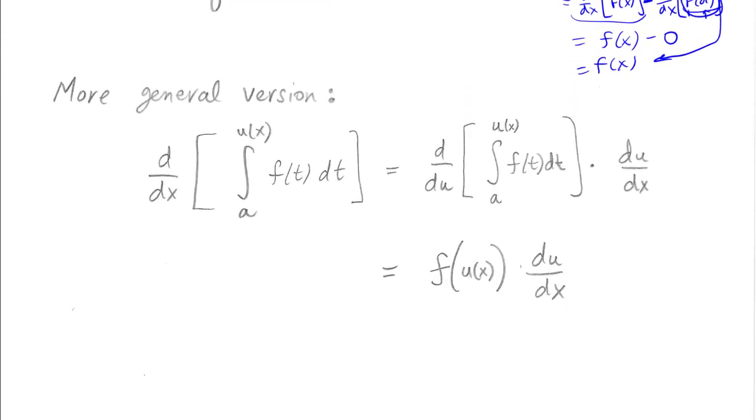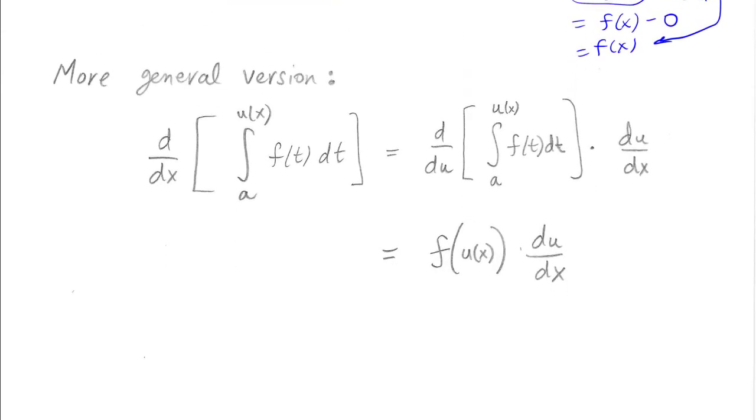So another thing is that there really is a more general version here. The idea is that we don't need it simply to be x at the top there. Okay? So if we do the same thing, but we do the derivative with respect to x of the integral from a to some function u of x of f of t dt.